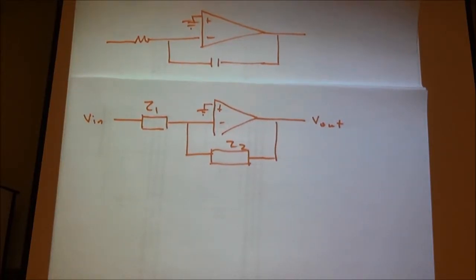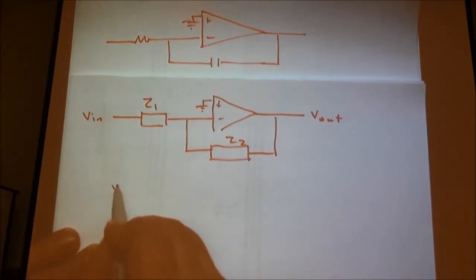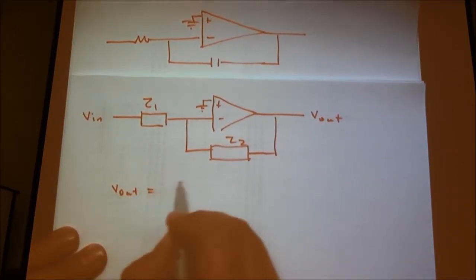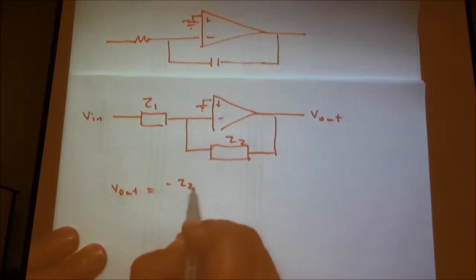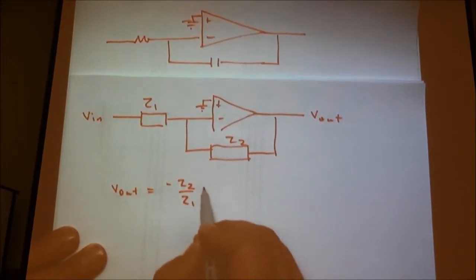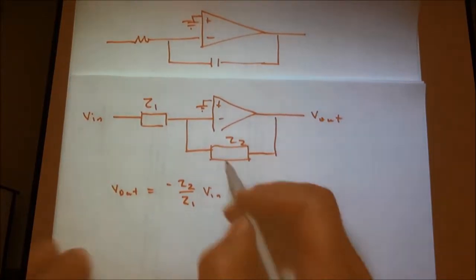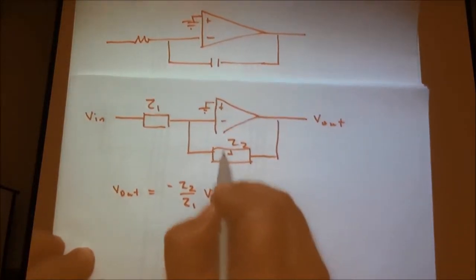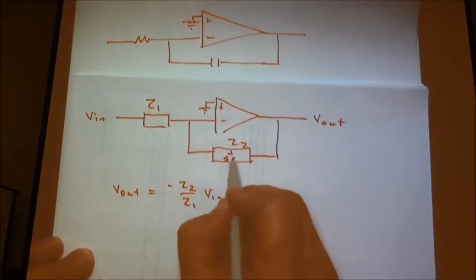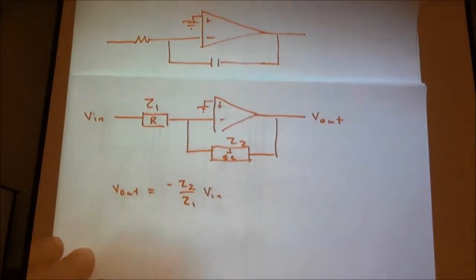And so impedances and resistances are comparable. And so we can say this is just V out equals minus Z2 over Z1 times V in. And that was accurate. That was true. And so, well, Z2 in this case was 1 over sC, that's the impedance of the capacitor, and Z1 was R. In this case, fairly straightforward.